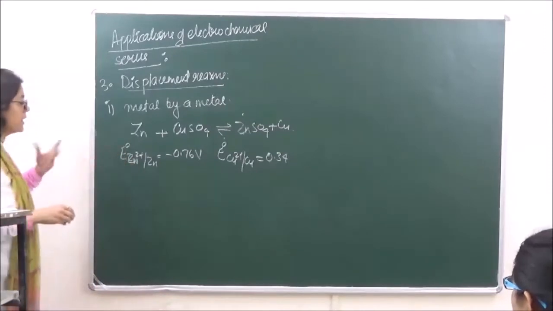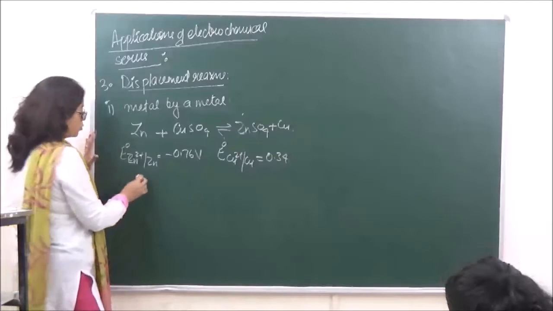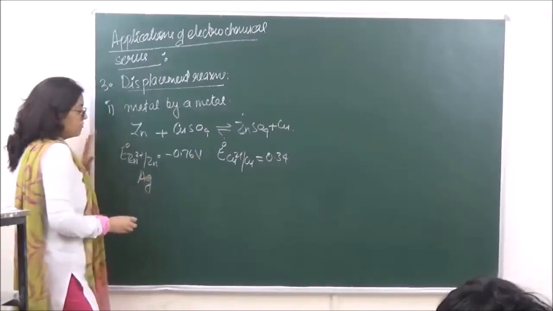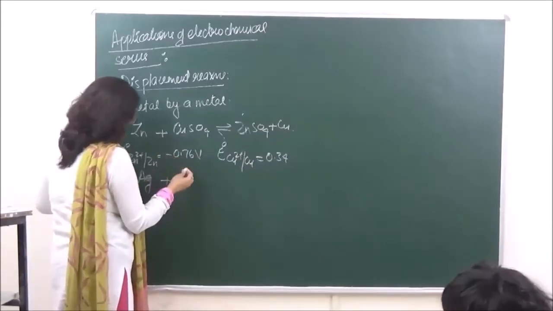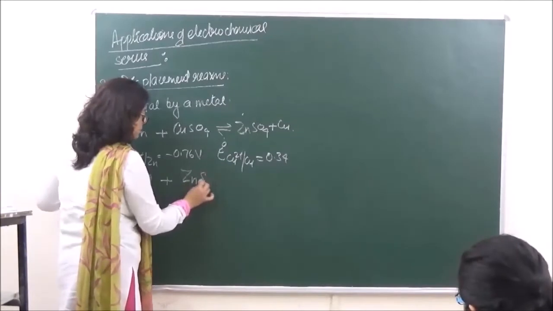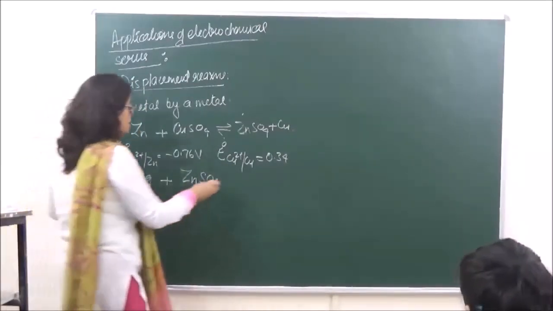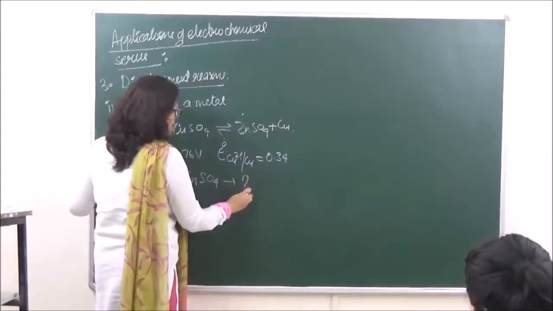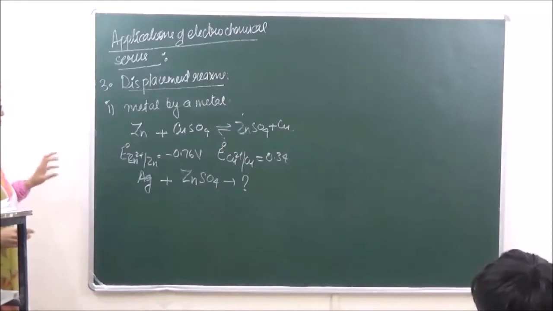Another example which we can take over here, the type of questions which come to you, is we are taking a reaction Ag plus, say, ZnSO4. So your question is whether the reaction will take place or it will not take place. How do you manipulate such kind of questions?